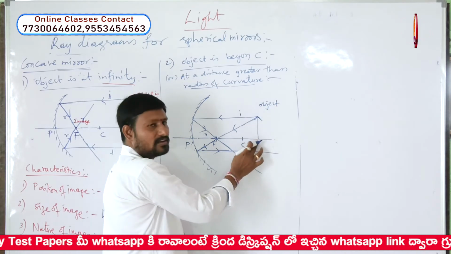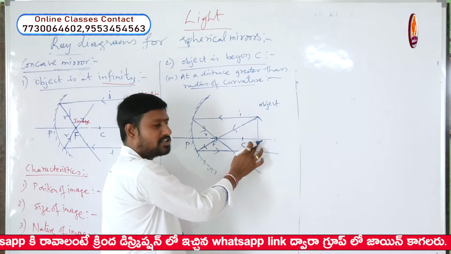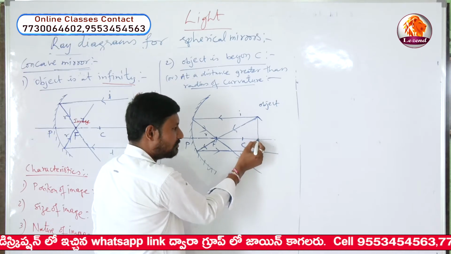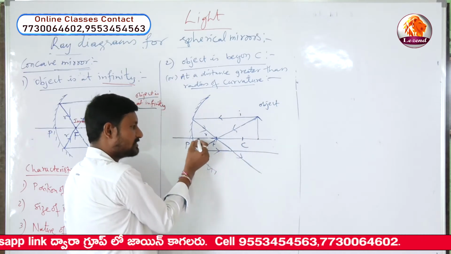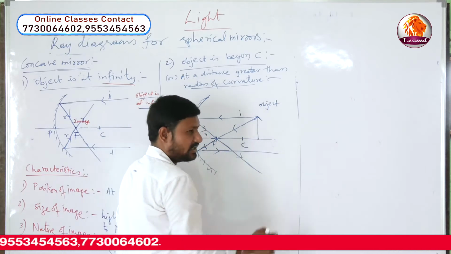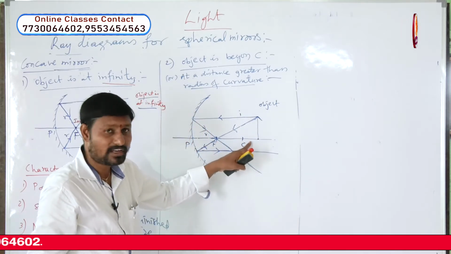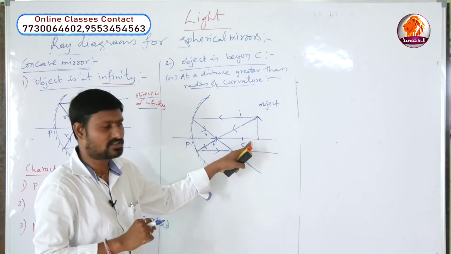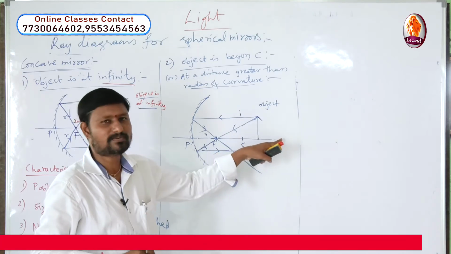Here, from the bottom there is no need to take any, because the light ray coming from the bottom and traveling along the principal axis will be reflected back along the same path. So definitely the image will be formed on the principal axis only. That is an advantage of taking the object on the principal axis.